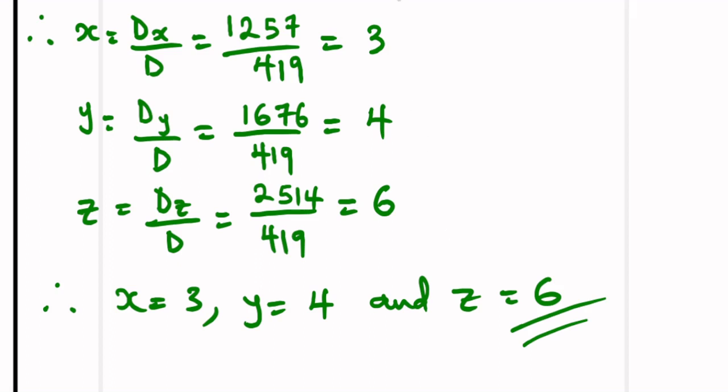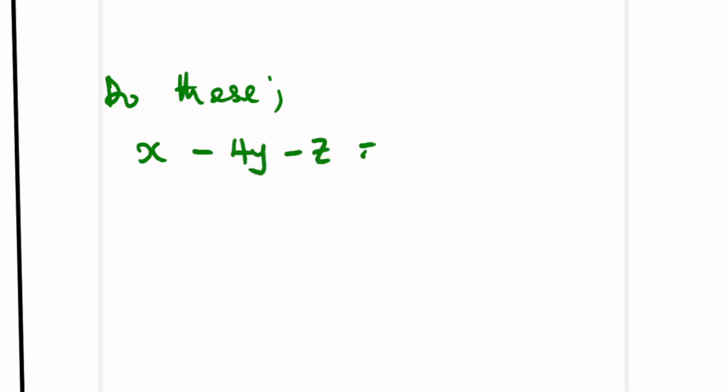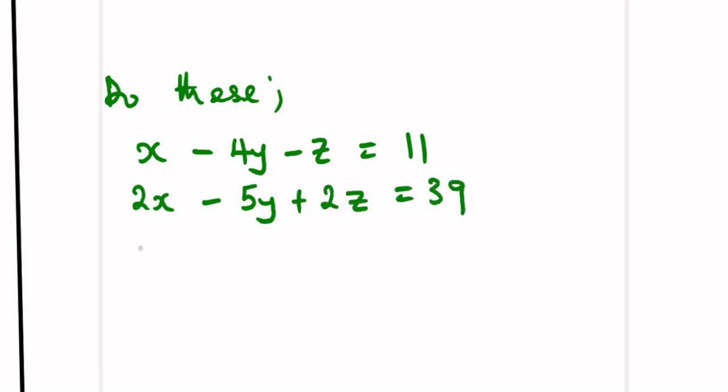So now let me leave you with this simple question to work it and test your knowledge. So I want you to do this during your leisure time. So we have x minus 4y minus z equal to 11, and then we'll have 2x minus 5y plus 2z equal to 39, and minus 3x plus 2y plus z equal to 1.